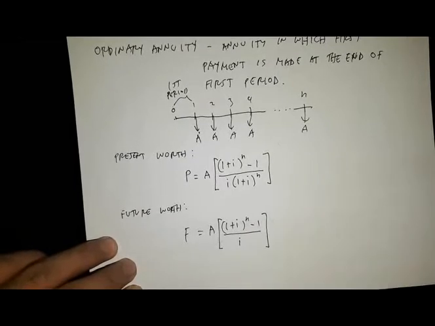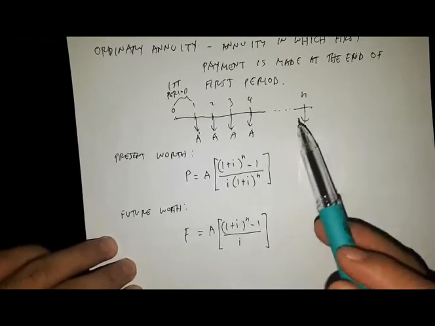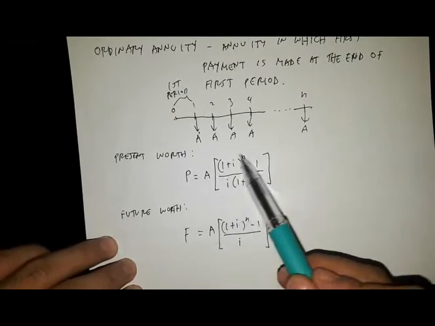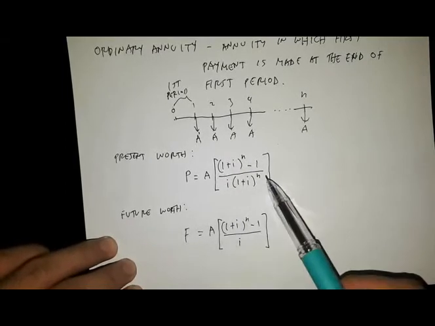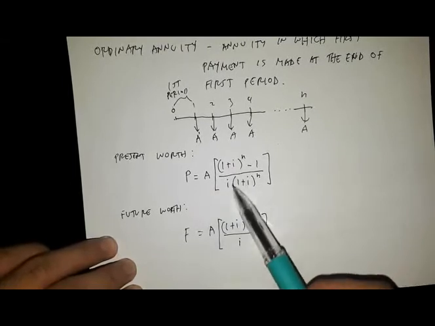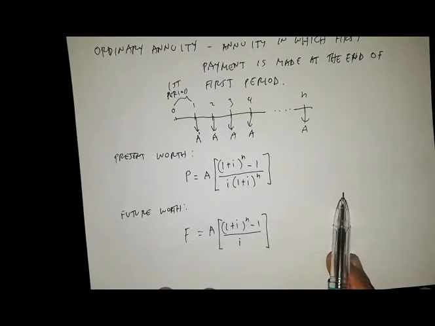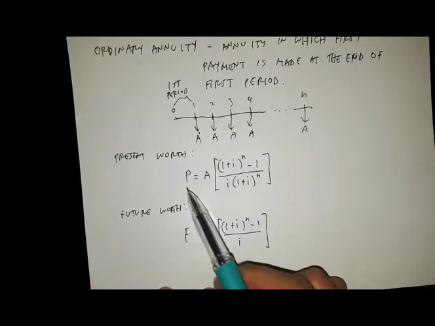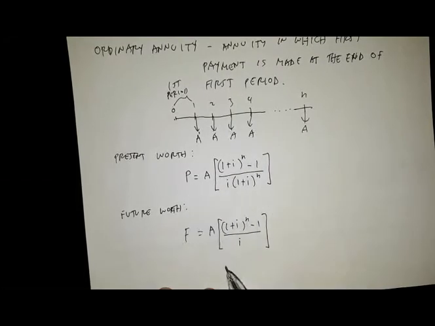This is the formula for F. They have the same numerator, and in the denominator, the difference is that in F you have to remove this. If you are going to look for the value of A given P, just divide the bracketed expression over P, and for A given F, just divide the bracketed expression over F.